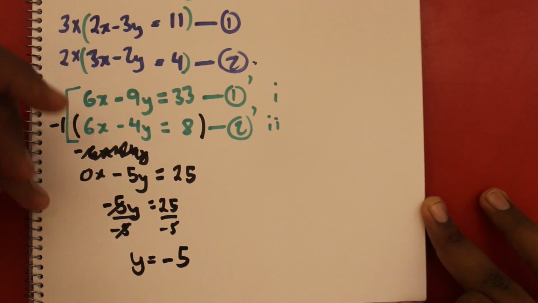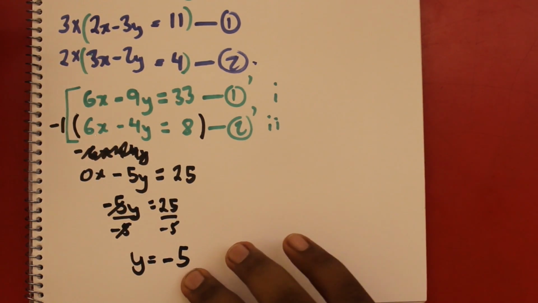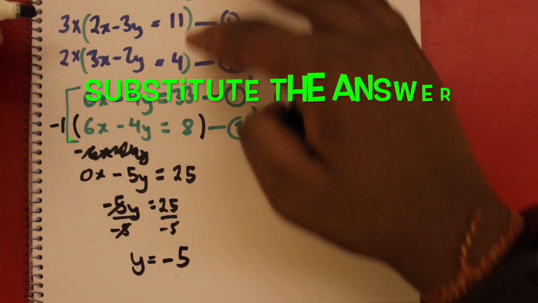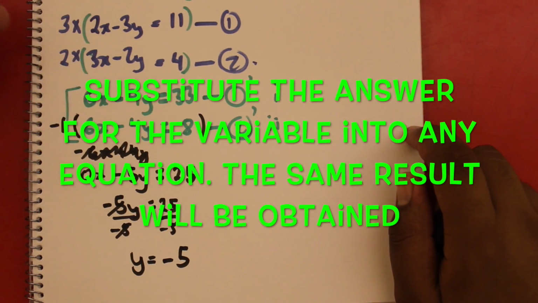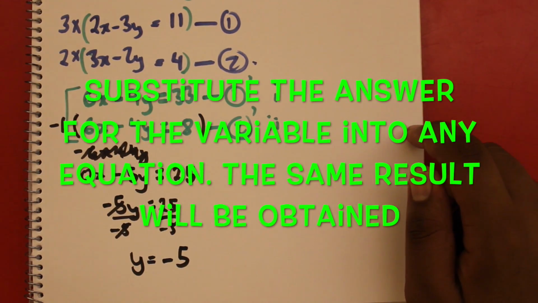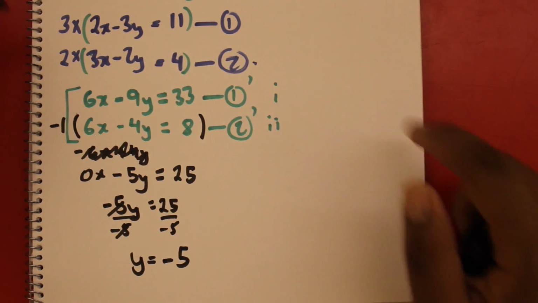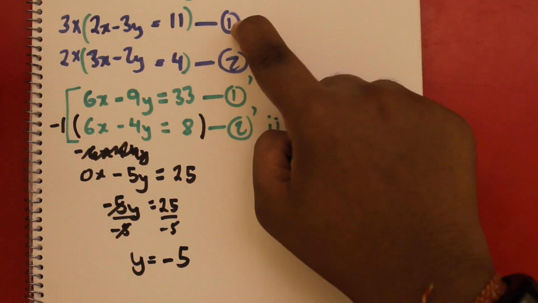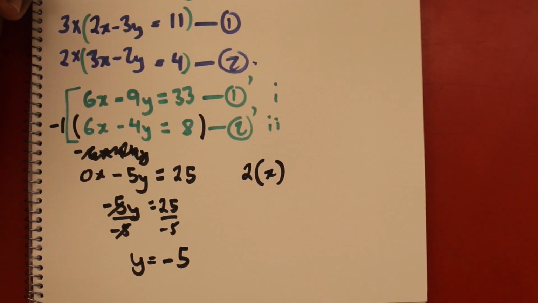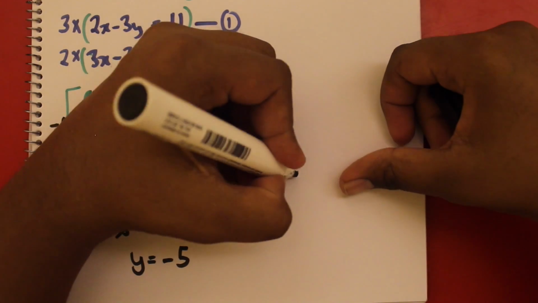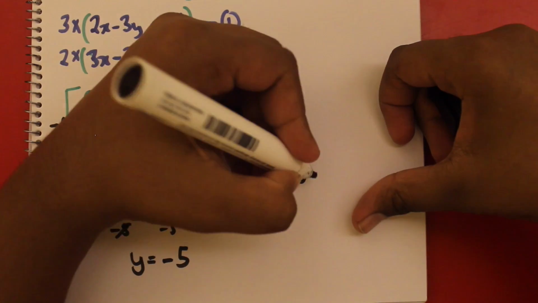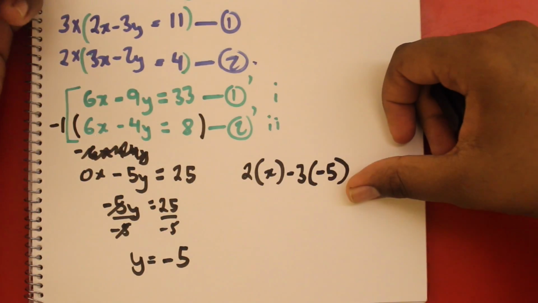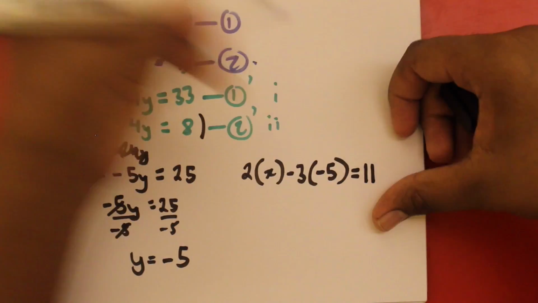Now if I go on to x, I will use y as negative 5 and substitute it into any one of these equations, literally any one of these four, to get my value for x. So I'll substitute this into equation 1 here, seems to be the easiest. Substituting into equation 1 will give me 2x minus 3y, but my y is negative 5, so I substitute it, is equal to 11.